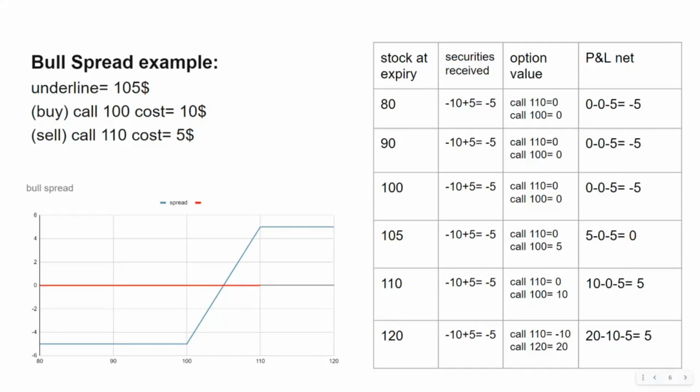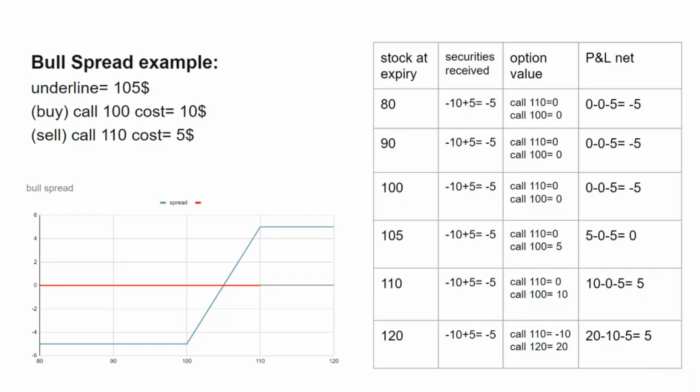And remember that we spent $5 more. That means that we're staying stable at $5 net profit, and so on. If it expires at 120, we're going to make $5, and if it expires at 200, we're still going to make $5. So this is the example of the bulls and the bears.